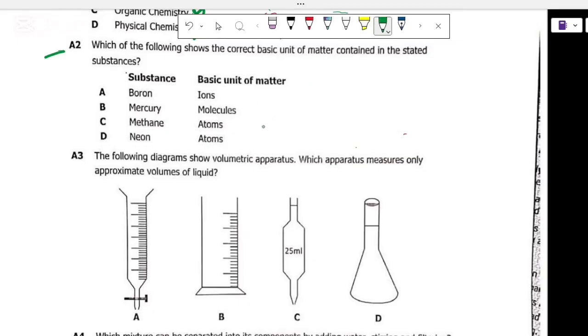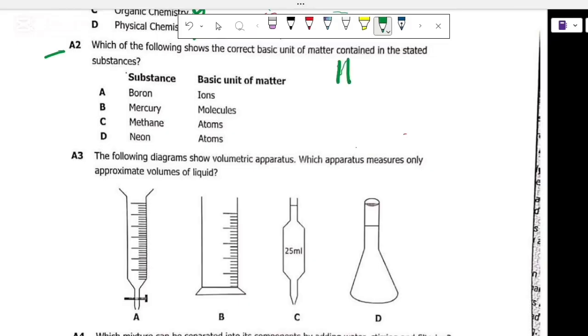So atoms are like that. They are the smallest particles of an element that can take part in a chemical reaction. When you're talking about molecules, it is two or more atoms which are combined chemically. When two or more atoms are combined chemically, you form a molecule. Let me give you an example.